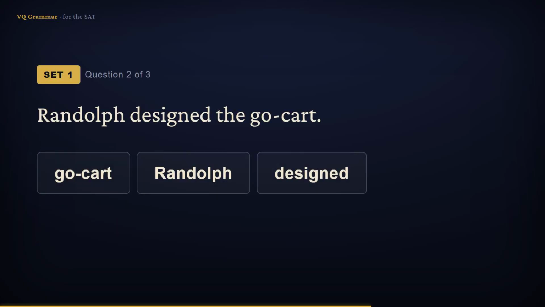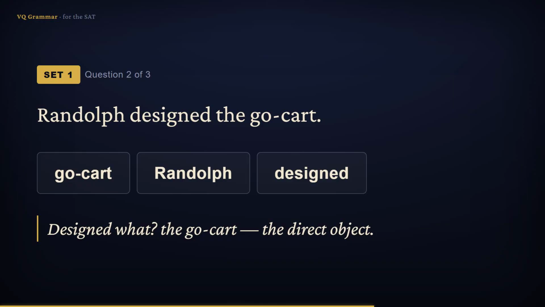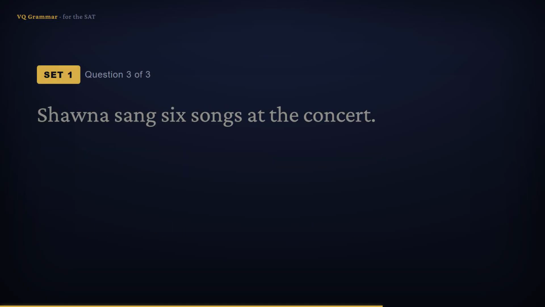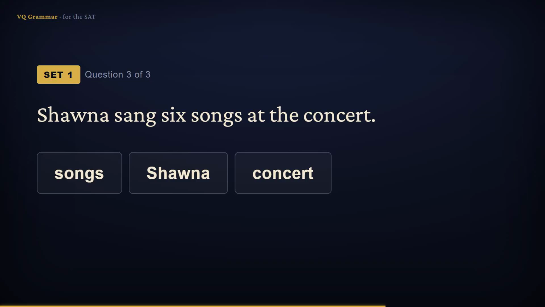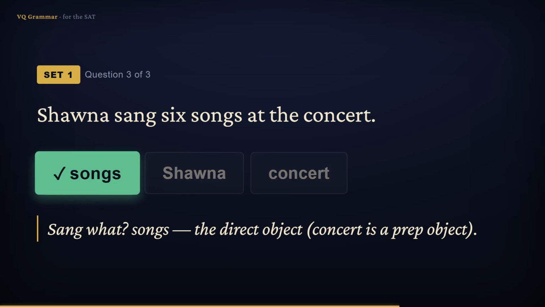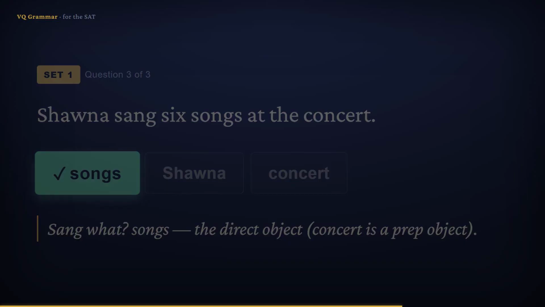Randolph designed the go-kart. Designed what? The go-kart. So the direct object is go-kart. Shauna sang 6 songs at the concert. Sang what? Songs. Concert is only inside a prepositional phrase, so the direct object is songs.